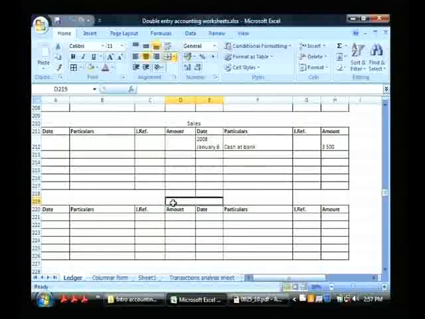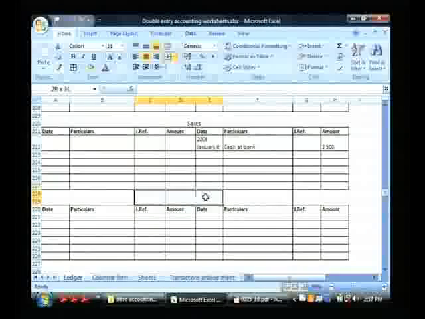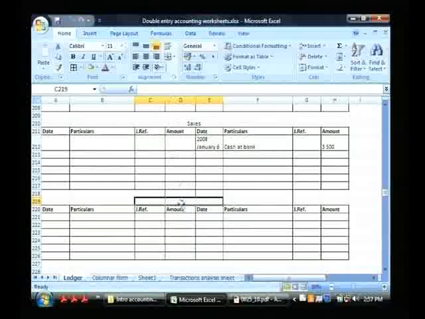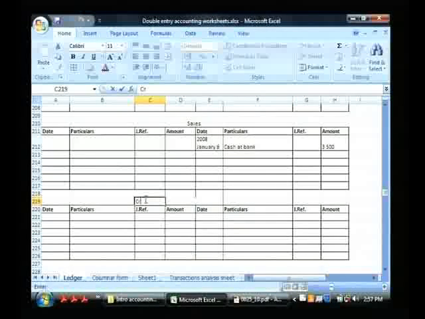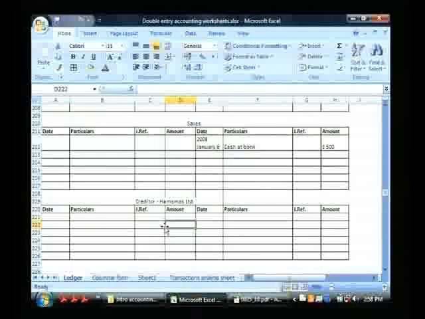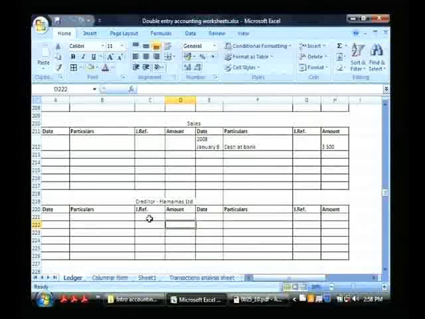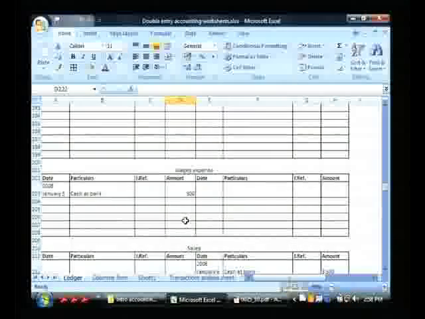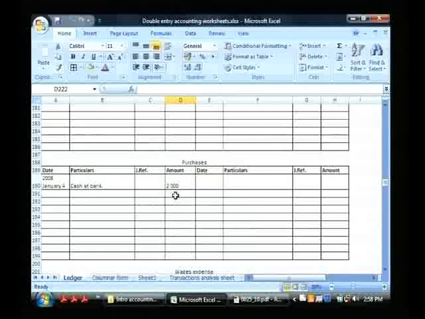7th, purchases debit and Hamamas Limited credit. We don't have an account for Hamamas Limited, so we will open up an account here. Creditor Hamamas Limited, credit 1,500 and debit purchases. We'll make the debit entry first.